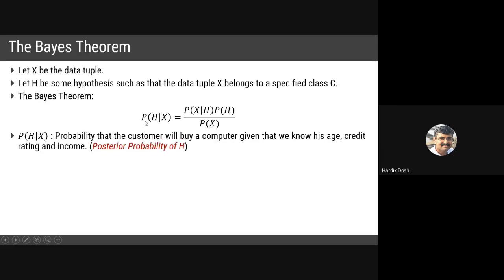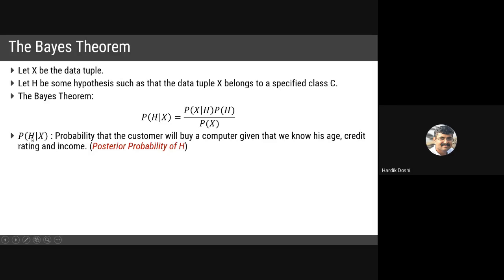See, P(H|X) means the probability that a customer will buy a computer given that we know his age, credit rating and income. In this case, we are having three things: age, credit rating, income. Based on this, we need to find the probability that whether the customer will buy a computer or not. That is what we want to compute.